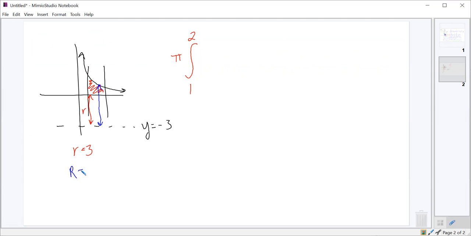So that's 3 plus 1/x. Everybody okay with that? Yeah. Okay. So now it's just outer radius squared, so 3 plus 1 over x squared minus 3 squared dx.